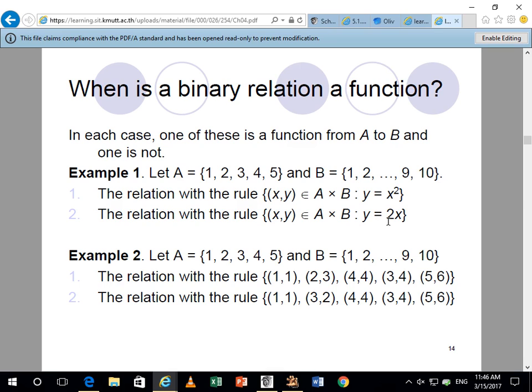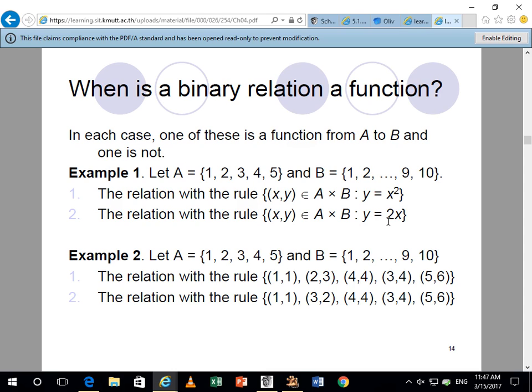So x is an element of A. Let's take x is 1. What's y? 1. That's fine. x is 2. What's y? No element. Right? Actually no, there is. x is 2, sorry, y would be 4.